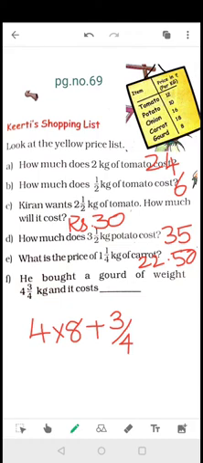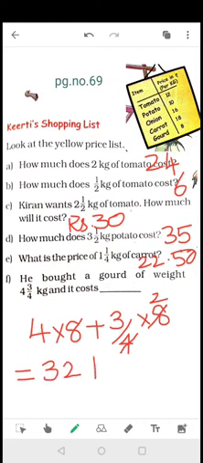Then for the fraction, again put 8. 4 twos are 8 and it will come 6. 4 eights are 32, plus 3 twos are 6, and the answer is 38. The cost of 4 3/4 kg is 38 rupees.